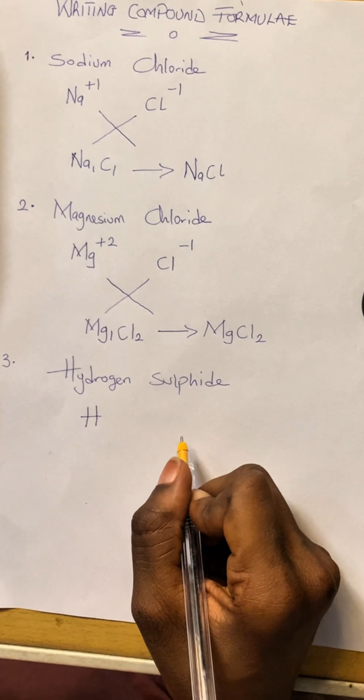Elements in group 6 have a valency of what? -2. So remember, I said I'm going to be swapping valencies. So the 2 of sulfur will go to hydrogen and the 1 of hydrogen will come to sulfur. Remember, we do not write 1 in chemistry, so our formula will be H2S. Simple, right? So we're going to take another example, which is going to be our number 4.